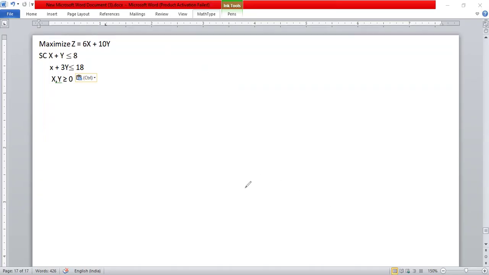Maximize z is equal to 6x plus 10y subject to constraints x plus y less than or equal to 8, and x plus 3y less than or equal to 18. Finally, x comma y greater than or equal to 0.